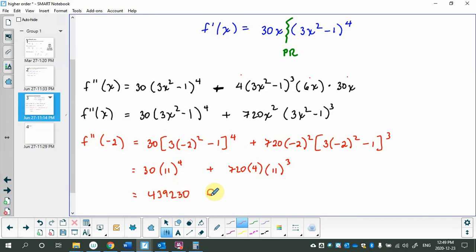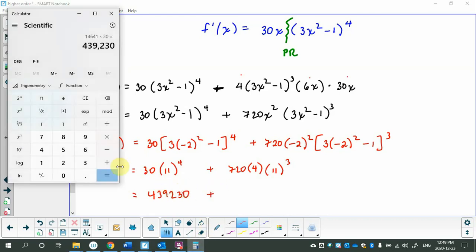Plus 11 to the 3 is that, times the 4 that's in front of it, times 720.